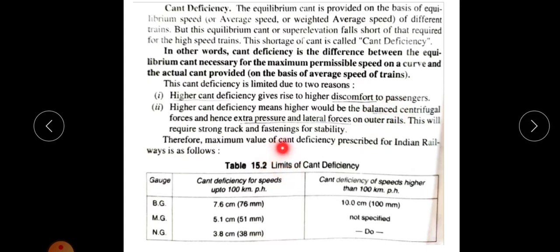So there are limits of cant deficiency prescribed by our railway authority. The maximum value of cant deficiency prescribed for Indian Railway is like this. For broad gauge, the cant deficiency for speed up to 100 km per hour is 7.6 centimeters, or 76 millimeters.